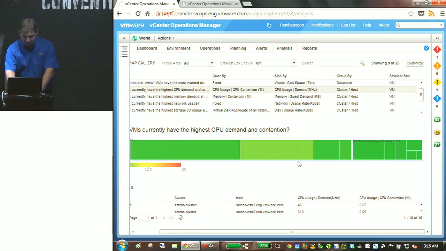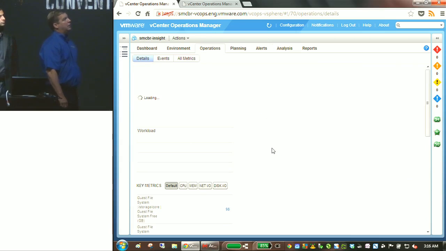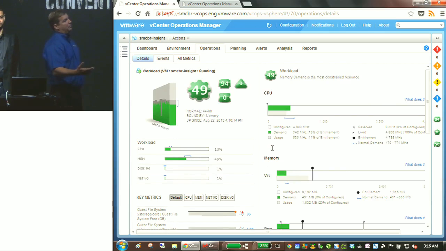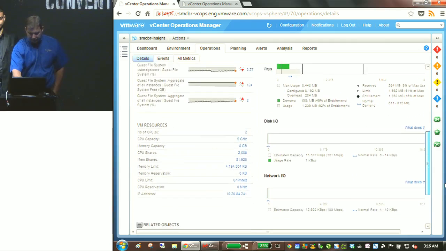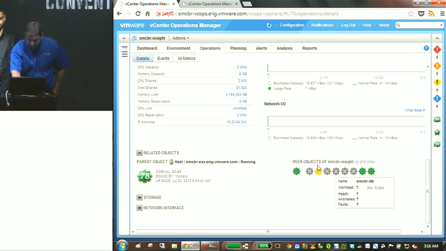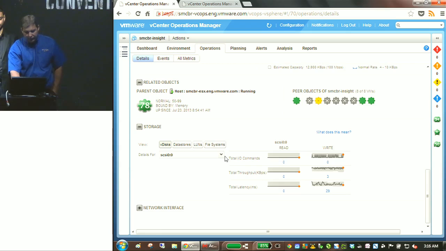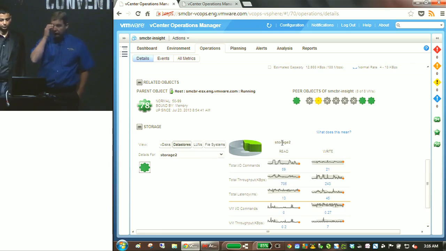And so from there, I can drill down. If it's being impacted by latency, I want to see what kind of device it is on. And its storage would be highlighted down here. So it is on datastore storage 2.